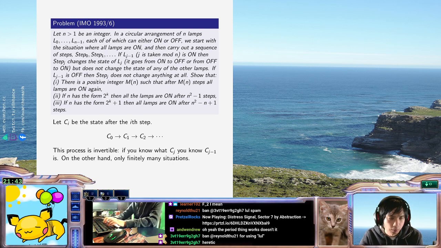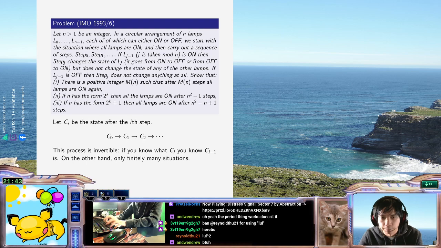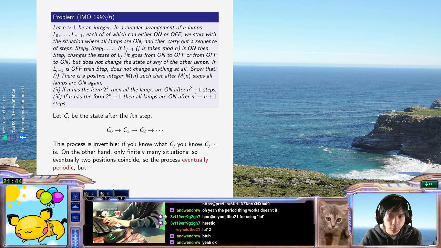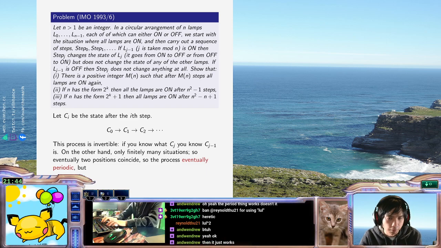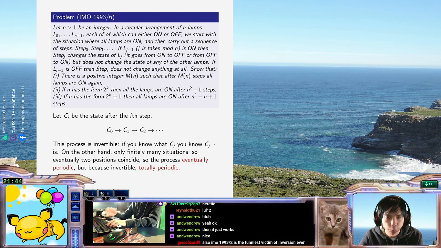And so the process is a priori eventually periodic. But because it's invertible, it's totally periodic. By finitely many situations, I mean n times 2 to the n, where you keep track of the state of every lamp, and which things are on.